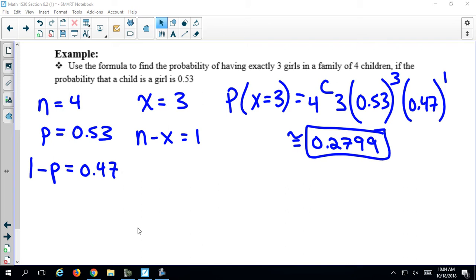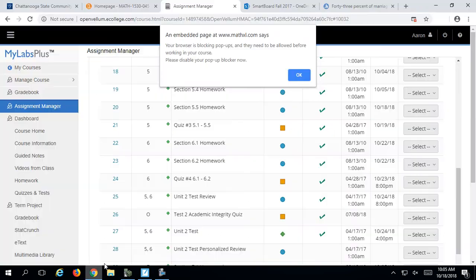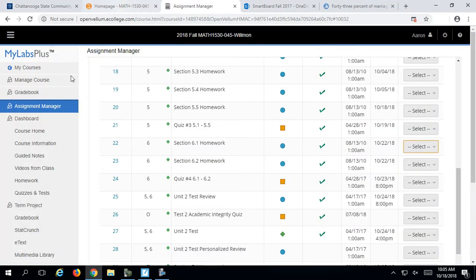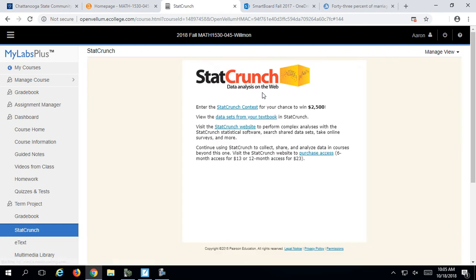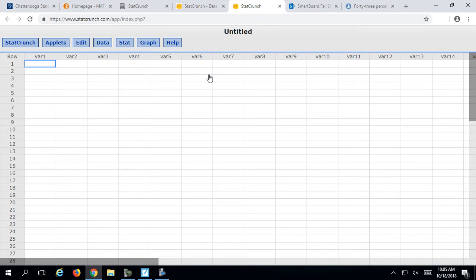So I need you to get StatCrunch open. From now on, we need StatCrunch in every class, just about. So that should be the first thing you do when you get to class. Log in and get that StatCrunch open. Because StatCrunch will compute this for you. So you just need a blank spreadsheet open.